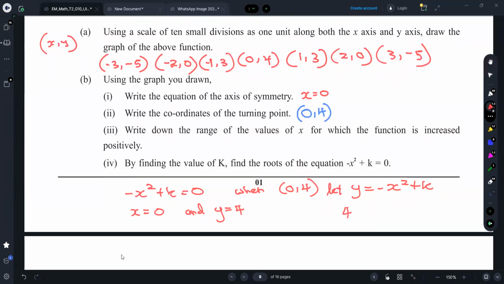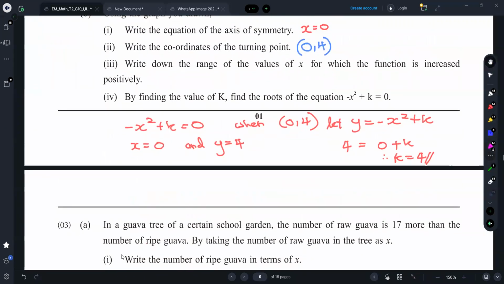Then 4 equals minus 0 squared plus k. Therefore, k equals 4.